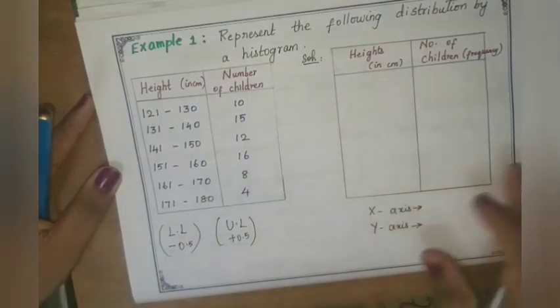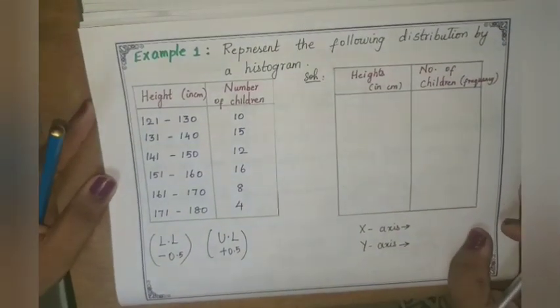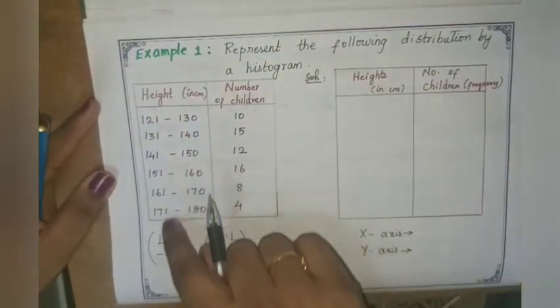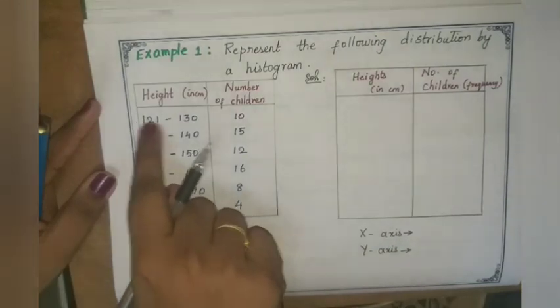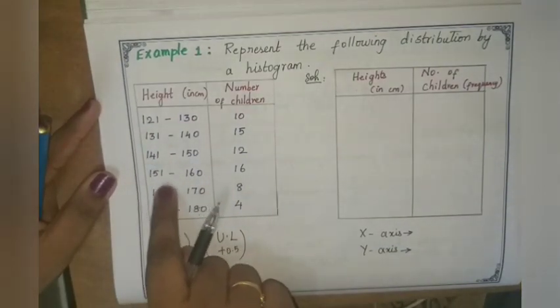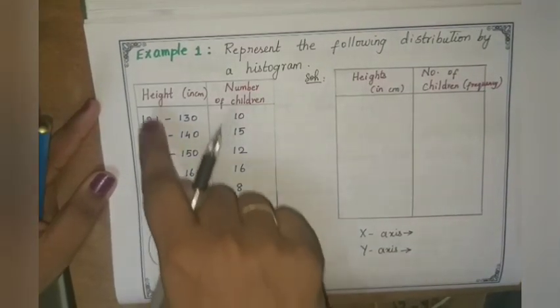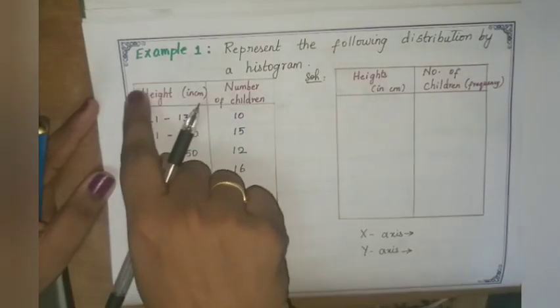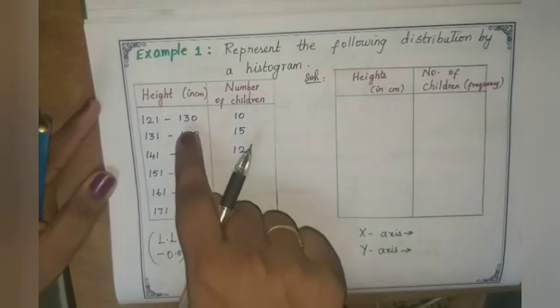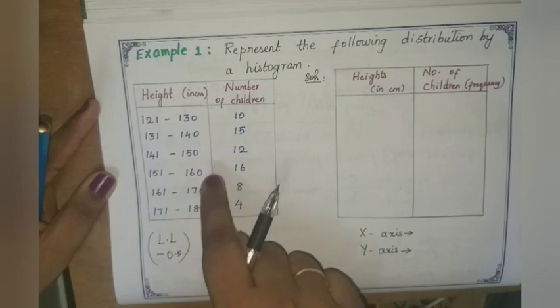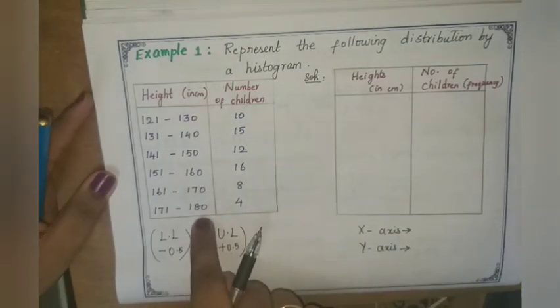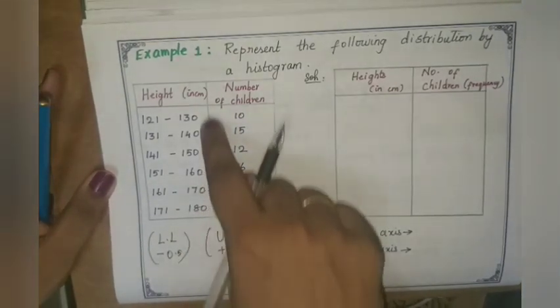This is the rule we have learned now. Here the lower limits are 121, 131, 141, 151, 161, 171, and the upper limits are 130, 140, 150, 160, 170, 180.